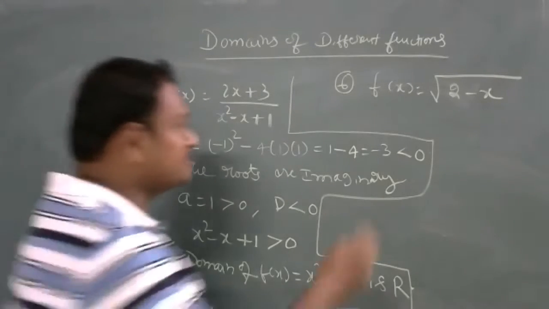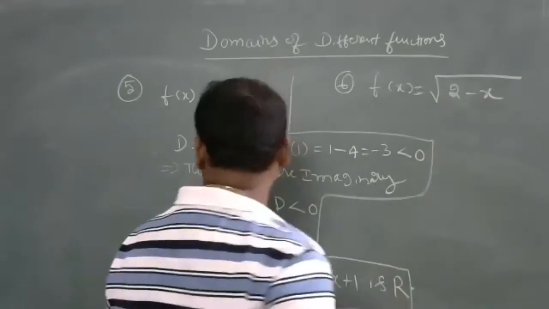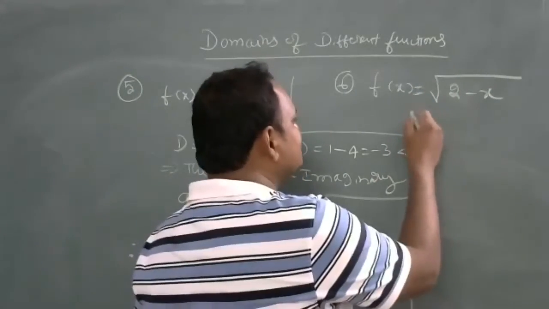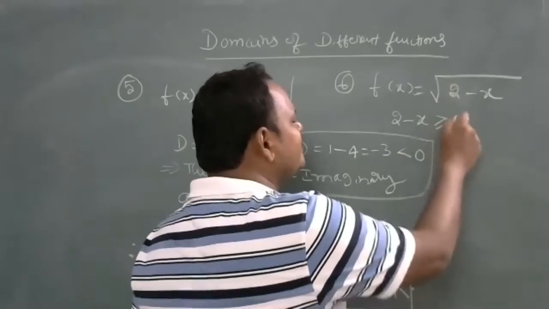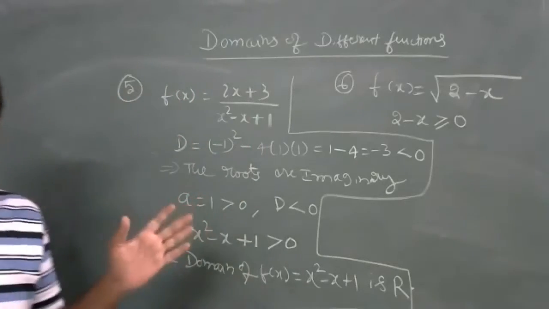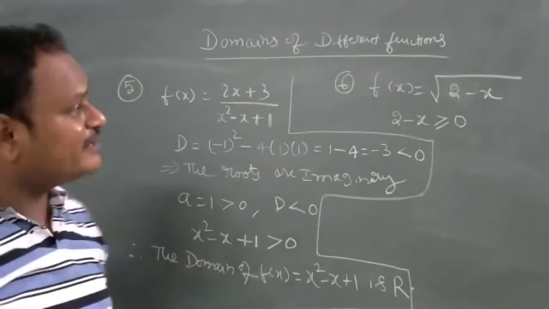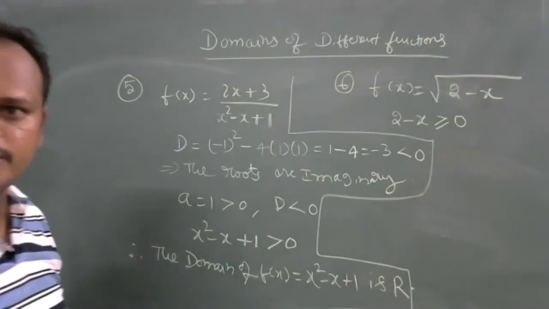My dear students, the expression 2 minus x within the square root has to be greater than or equal to 0.